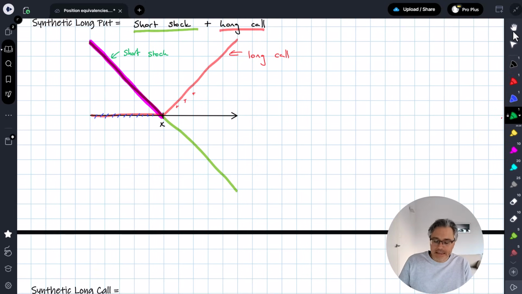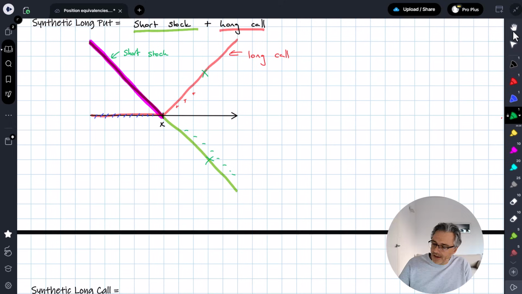short stock, this could have been also achieved via a short call, right? It's working to the downside at the same 45-degree angle. So effectively, this and this, they cancel one another out.